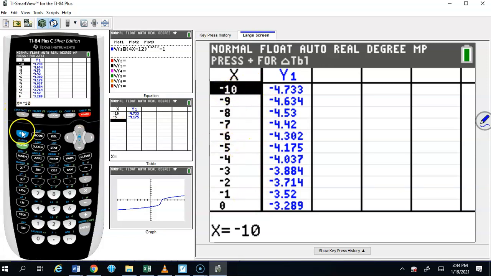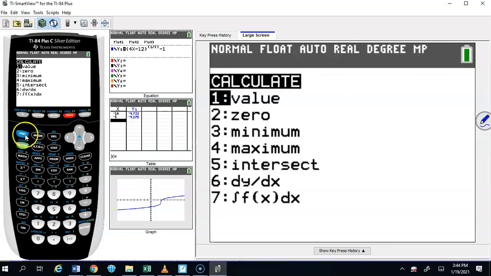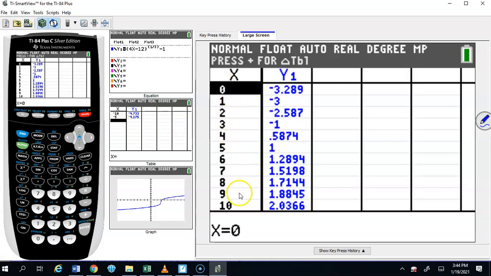Now if I wanted some more values, I would then go to 0. Again, go to second window here, and this time I would just change this to 0. Okay, and then go again to my table. Sorry, pushed the wrong button. To my table. So now I have from 0 to 10.